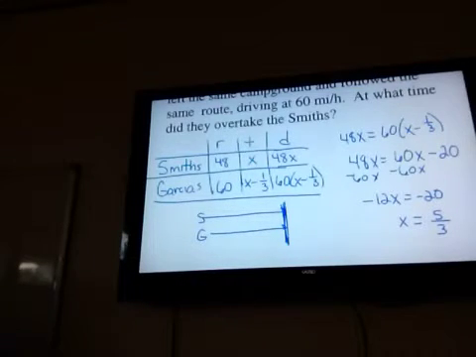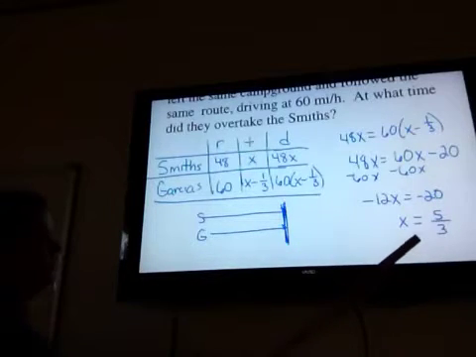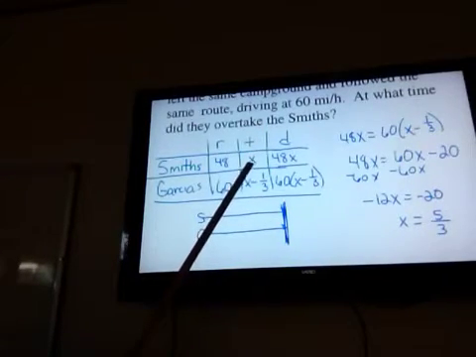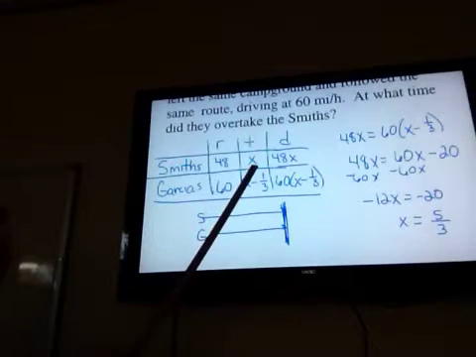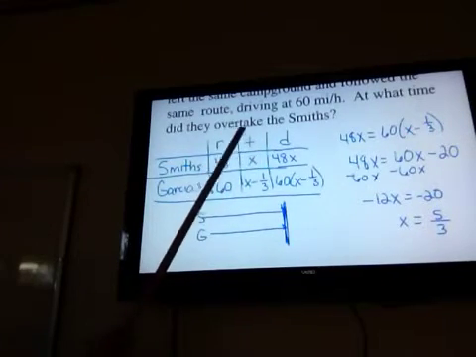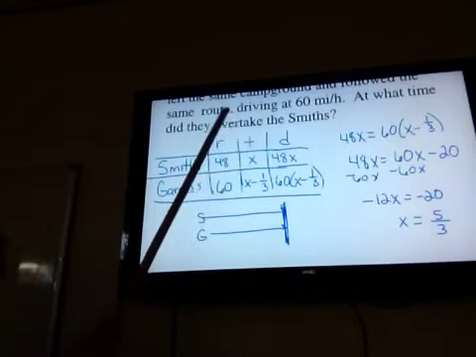Now, what do you do with that answer? Because this is not done. X represents, going back to our chart, the amount of time that the Smiths traveled when the Garcias met them and took them over.